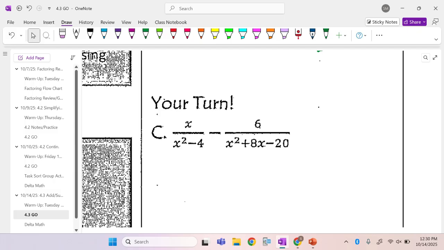What was that? It's multiplication. No. This is the fraction, so now you're looking at just the fractions individually. Yeah, so this one's missing x plus 10, and then this one's missing x plus 2. Okay, that makes sense.